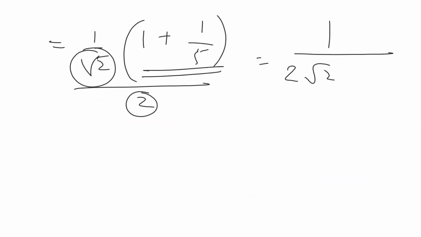And the value of this entire term, 1 plus 1 upon 5, will be 6 upon 5. 2 ones are 2, 2 threes are 6. So 3 upon 5 root 2, that is your answer.